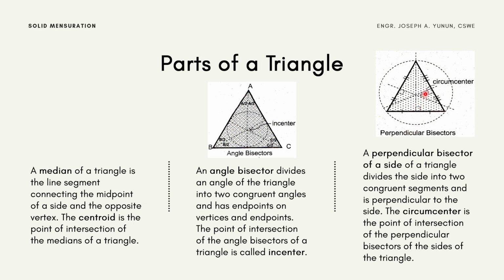For example, in this given figure, if you draw a line perpendicular to any of those sides and dividing that side into two equal lengths, or two congruent segments, their point of intersection is called the circumcenter.